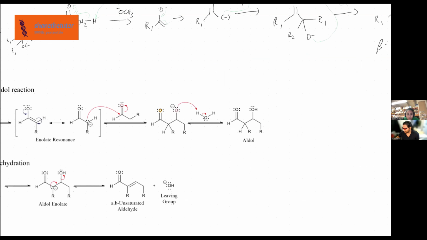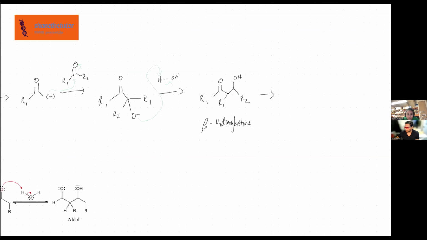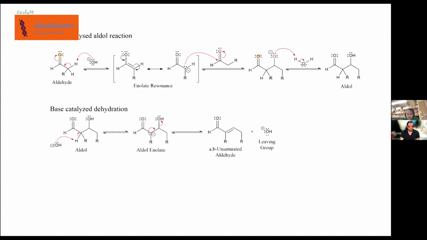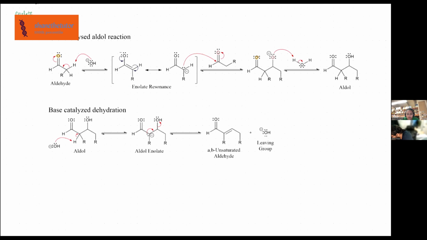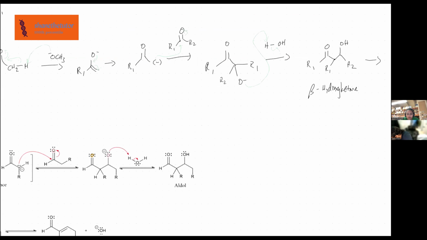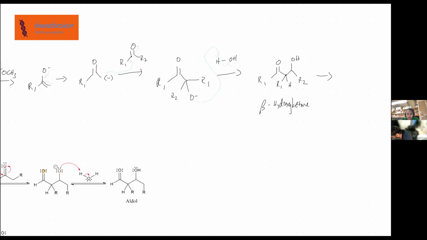So basically from this point, I can write down an H here, and the base will pluck off this H, and then the electrons go to make that double bond.